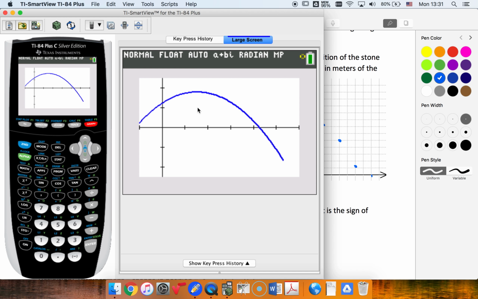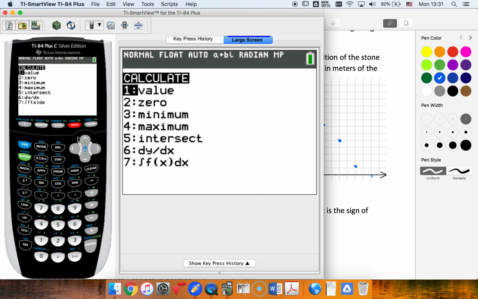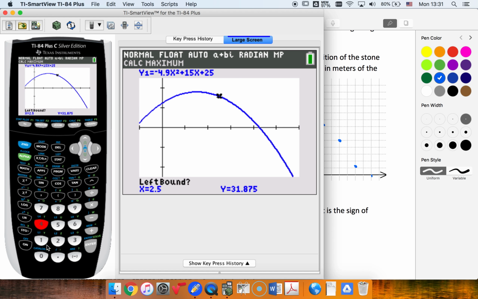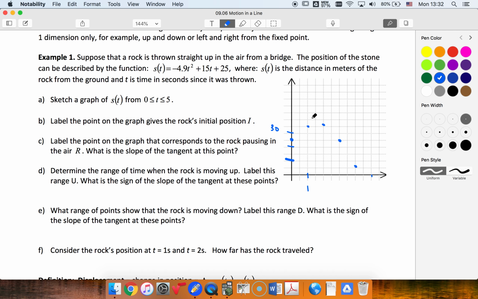Looks like my max is between 1 and 2. So let's go ahead and find it. I'm going to say left bound is 1, right bound is 2. My guess is maybe 1.8. Okay, 1.5 and about 36.5.